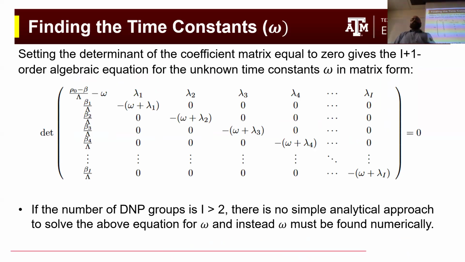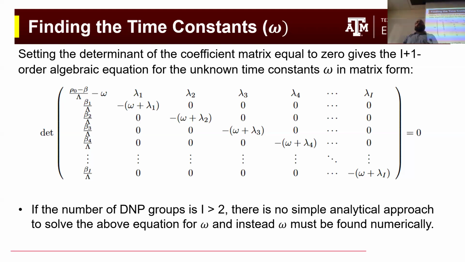And if the number of groups is greater than two, then we are going to have a really hard time solving this analytically. But if it's less than two, we can do some analytical calculations involving these determinants. And I think I gave y'all a homework problem that does that. Otherwise, we basically have to solve this numerically.